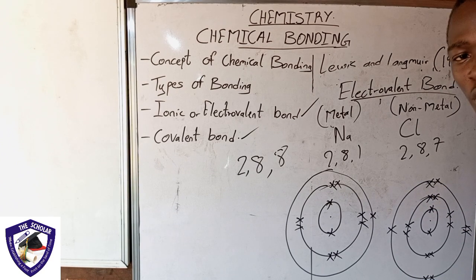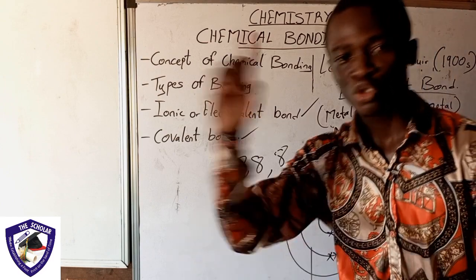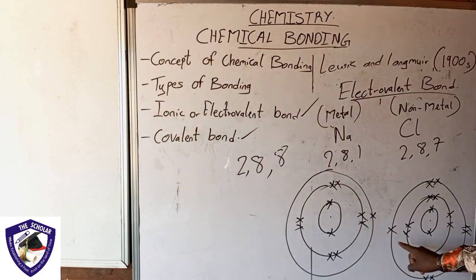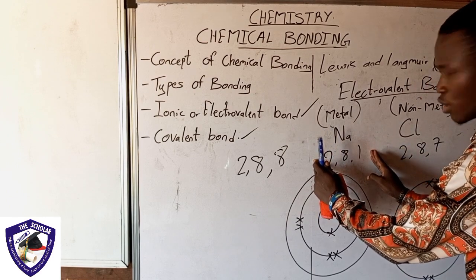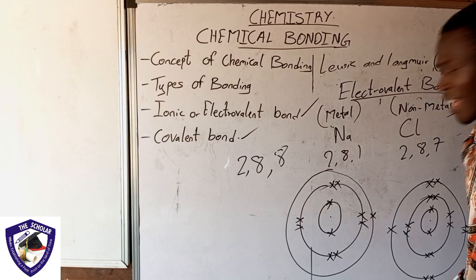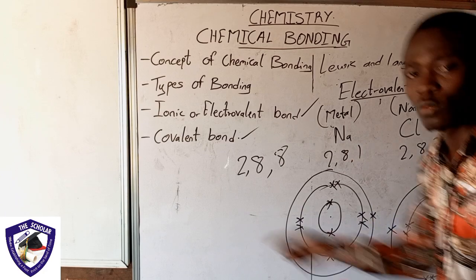Now let's take a look at this example. Chlorine needs how many electrons to complete the octet configuration? Just 1 electron. Chlorine needs 1 electron to be what? To become stable. Why sodium? Sodium has 1 electron at the outermost shell, which is making it not to be stable.